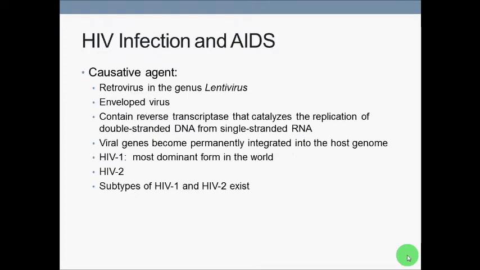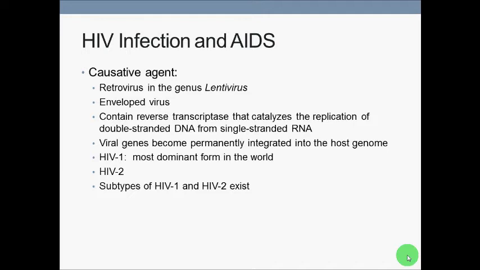As I mentioned, HIV is caused by a virus. It's a retrovirus, and it's in the genus lentivirus. This virus is enveloped, so it has a membrane surrounding it. Inside, it contains reverse transcriptase, again because it's a retrovirus.